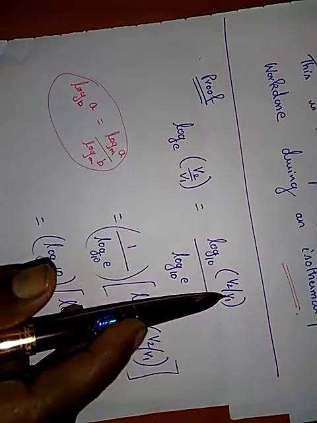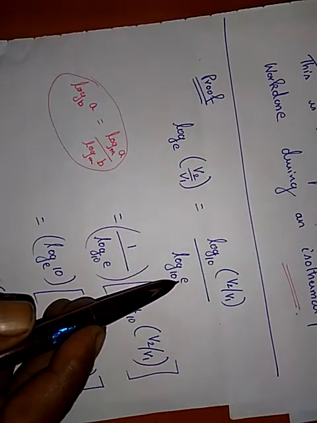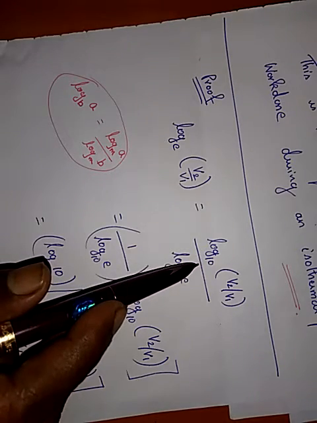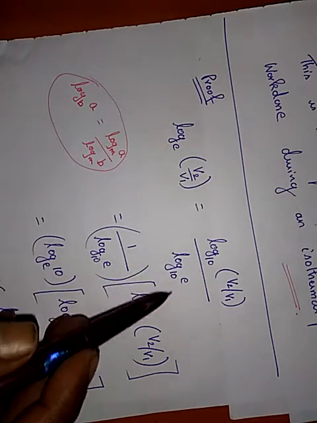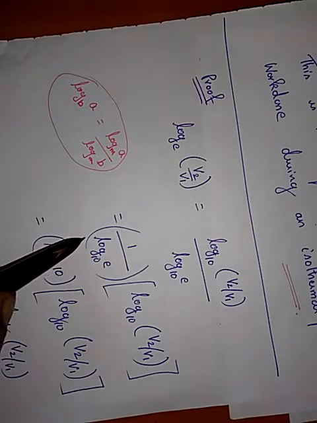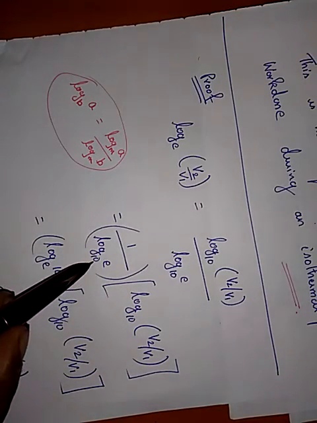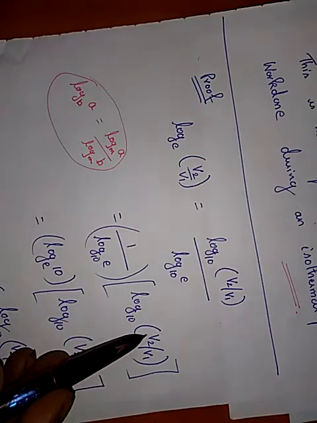So now this can be written as log V2 by V1 divided by log e. I am using base as 10. So here also 10, here also 10. So now this can be written as 1 by log e to the base 10 into log V2 by V1 to the base 10.